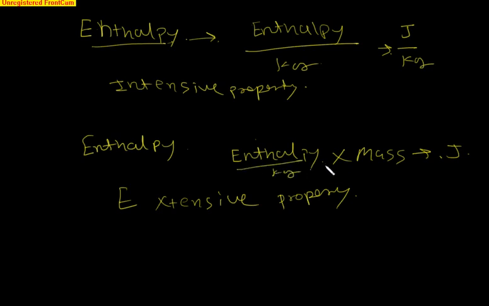Enthalpy per kg. Similarly for density and mass. Density is independent of the amount of mass. The density of 1 kg of substance, or of 2 kg or 100 kg of substance, is the same, but their masses vary. Meaning density is an intensive property but the mass is extensive.